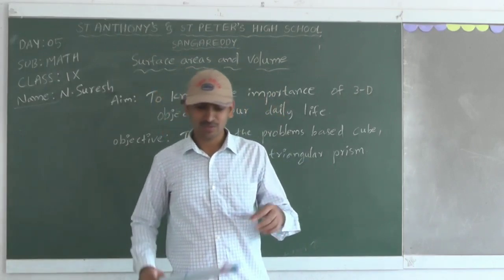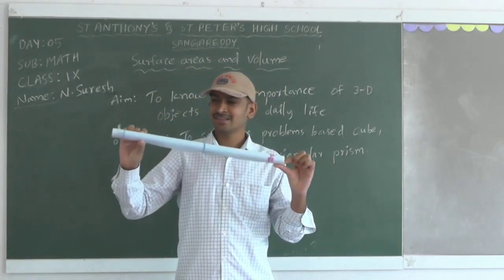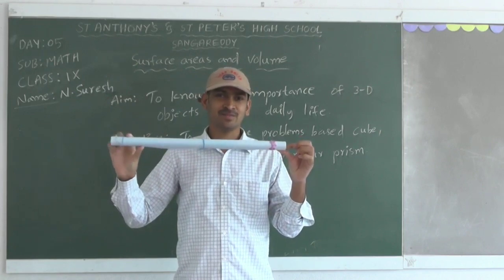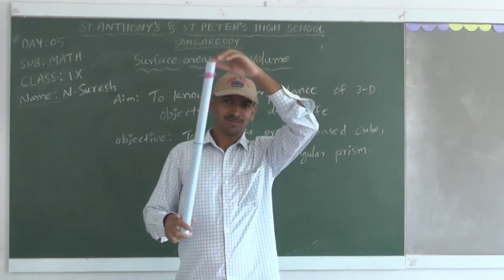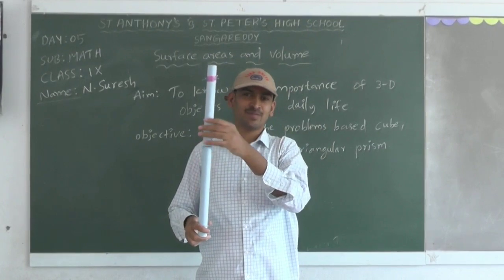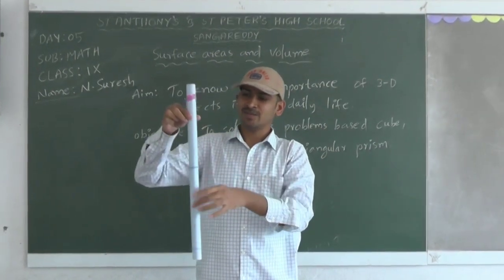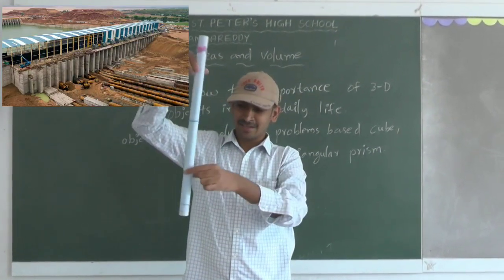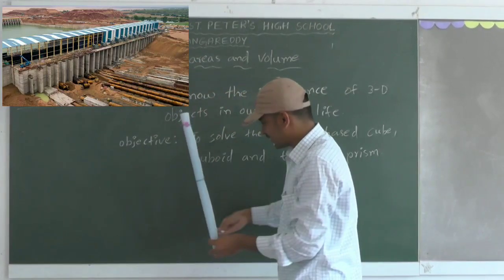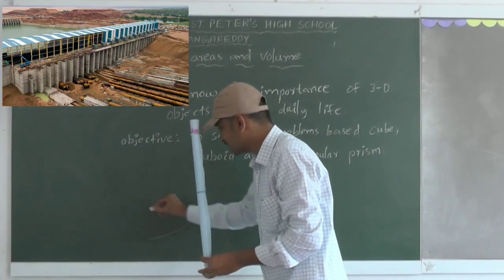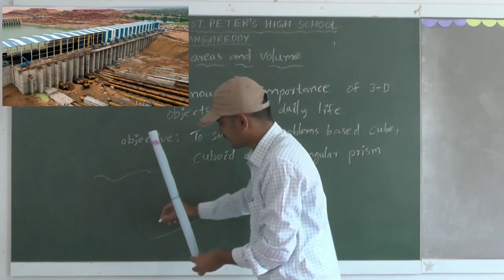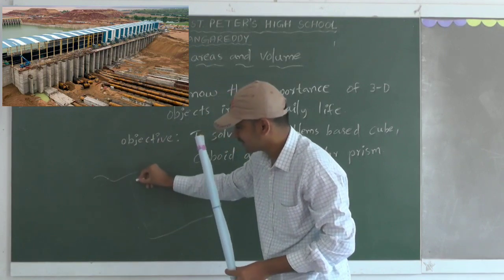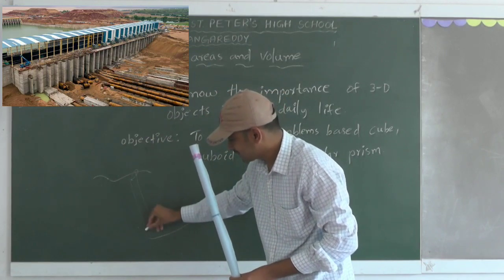Today I want to say, suppose one pipe is there. If you take the irrigation project of Kaleshwaram, to lift the water upside we compulsorily require pipes. If you observe this pipe, it is a cylinder. We can't take the water in canals, we require pipes like this.